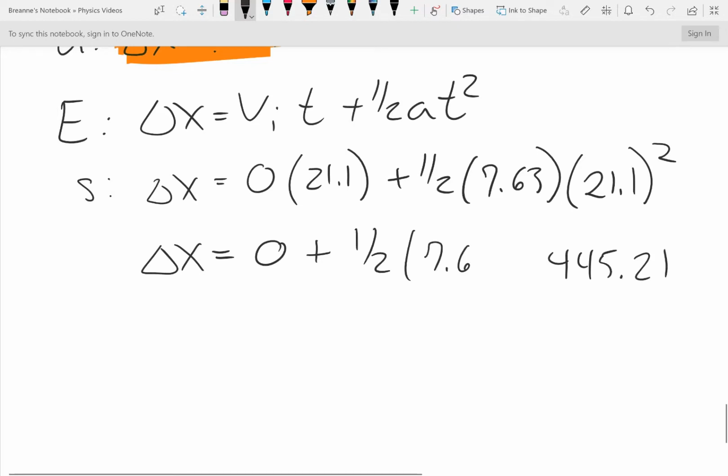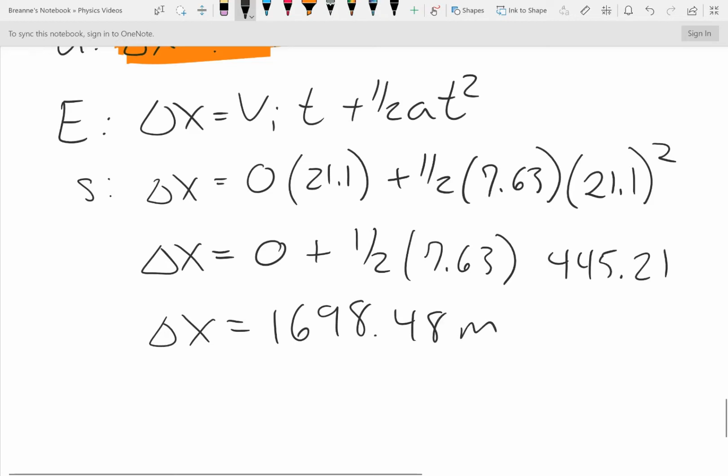And now you can just multiply across the board. You multiply it by 1/2 times 7.63 times 445.21, and that gives you 1,698.48 meters.